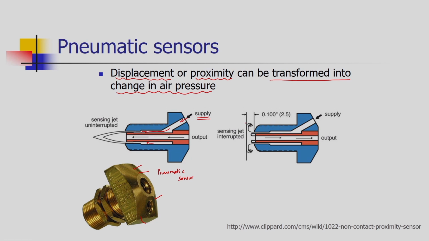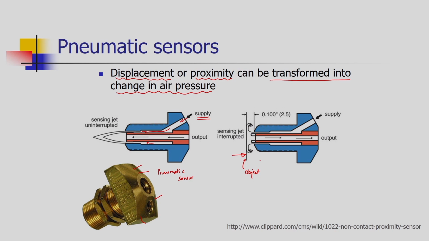When an obstruction comes to the passage of air through the supply port, consider some object has come near the end of the supply port here. This is the object. This object will obstruct the flow of compressed air which is coming out from the supply port.